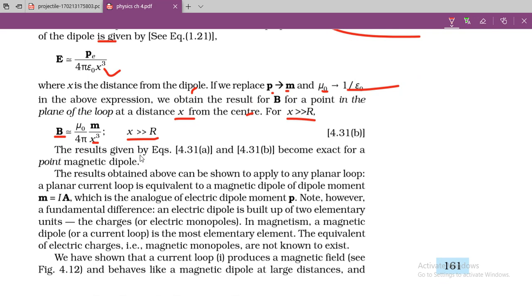The results given by equations 4.31a and 4.31b become exact for the point magnetic dipole.